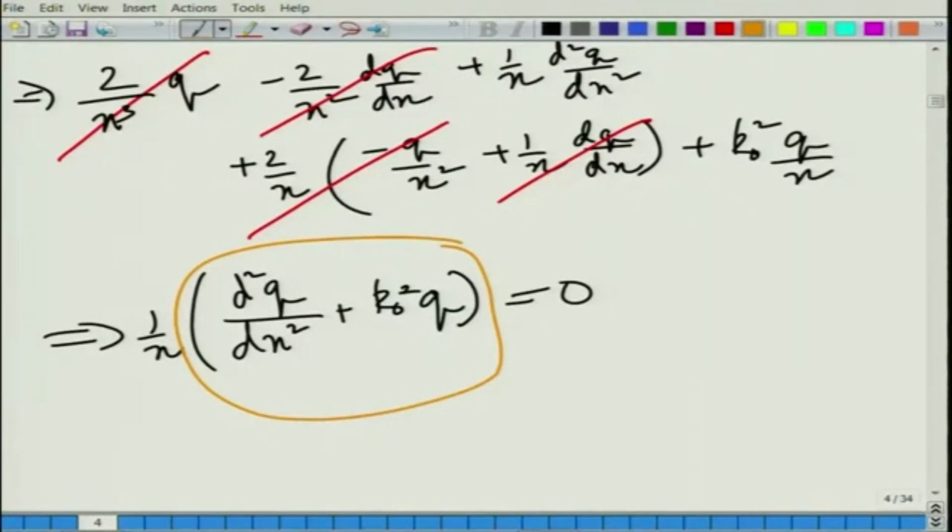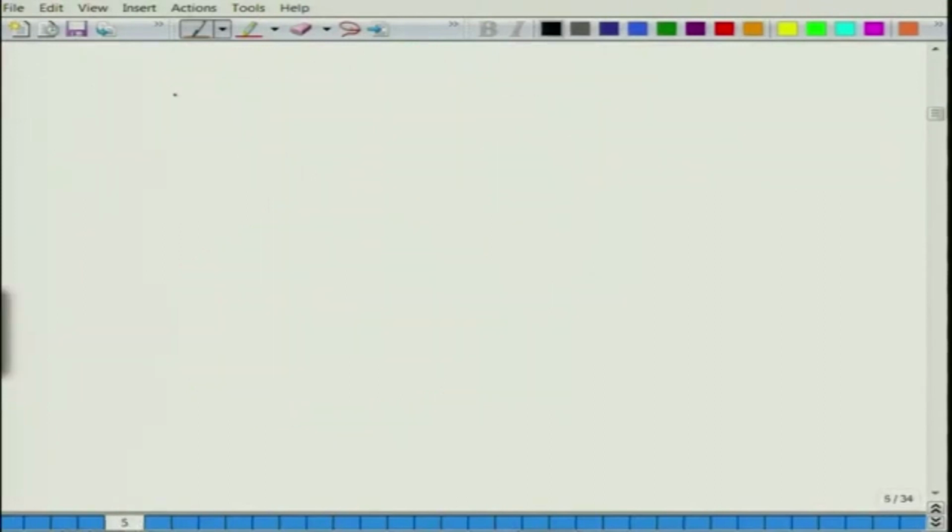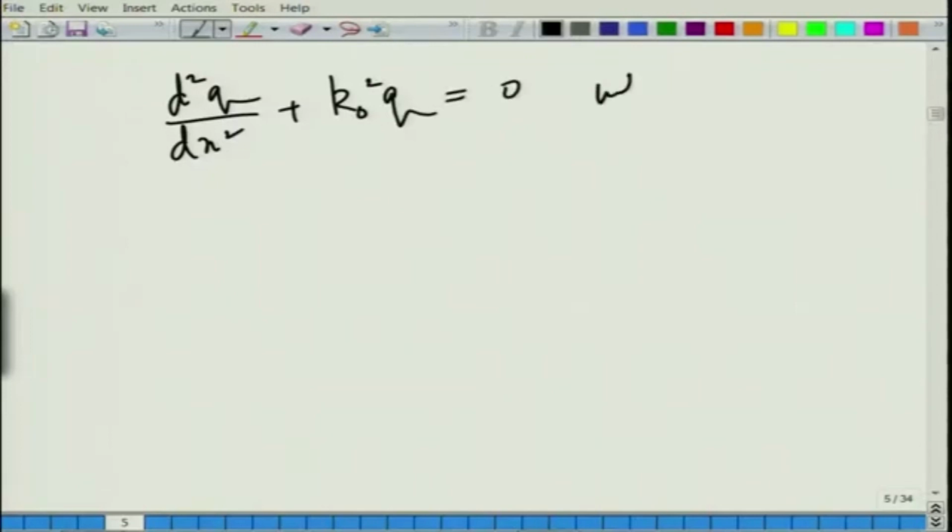So I would write this in a nice clean slide: d2q by dx square plus k naught square q is equal to 0, where q understandably is a function of x. Now the solution of this should be fairly straightforward.